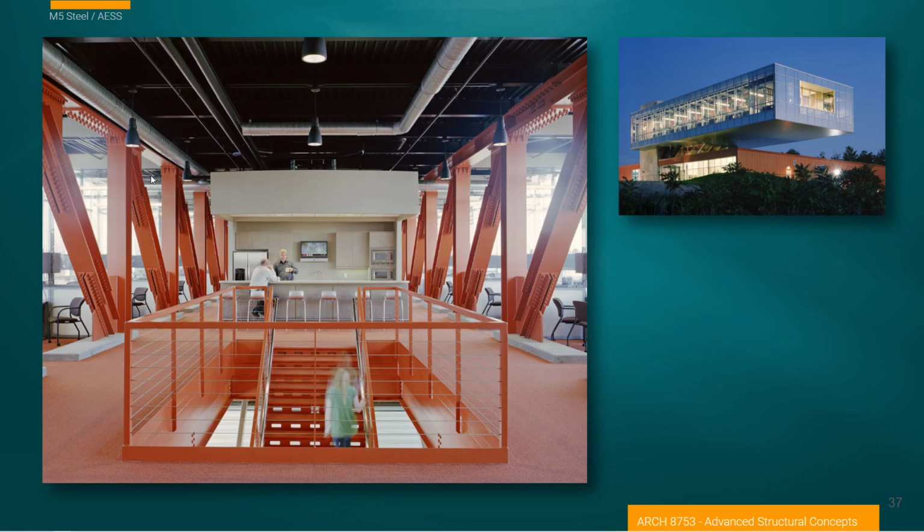But that was an acceptable trade-off in this project in order to deliver this lightweight looking cantilevered structure. So keep that in mind if you're doing cantilevers, this idea of the truss-like structure that needs to support it. In this case, these bolted connections as opposed to welded connections become another element in the interior of the building.